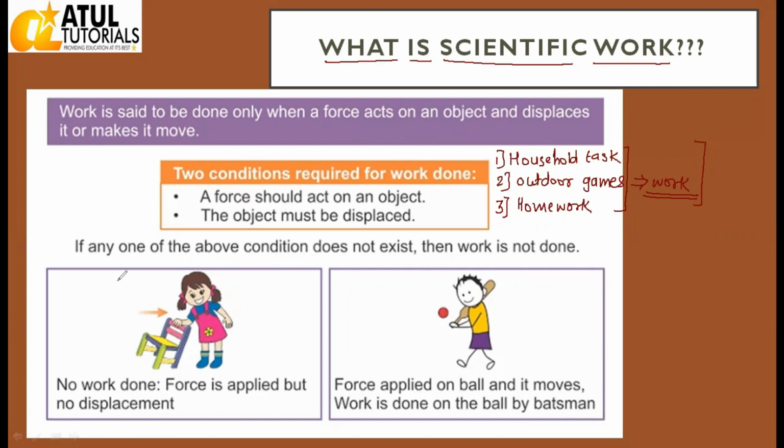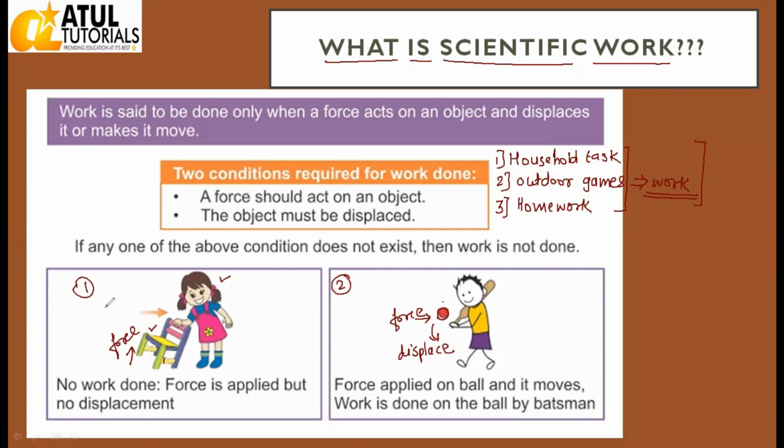Let's take an example. This is the first picture where this girl is applying some force to lift this chair. And in this second picture, this boy is applying force on this ball, and by the application of the force, this ball gets displaced.